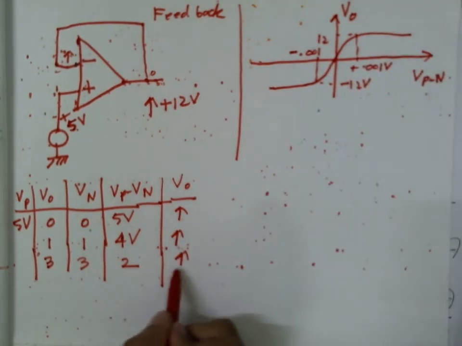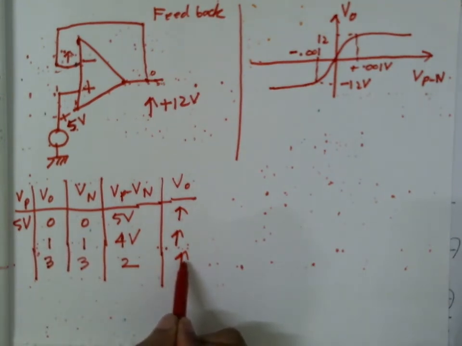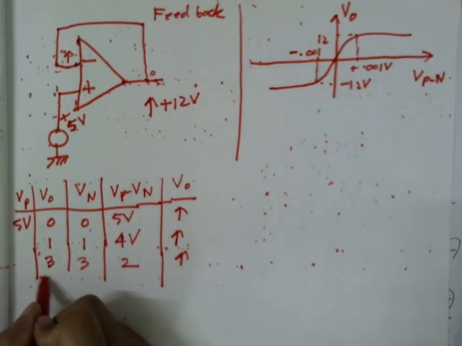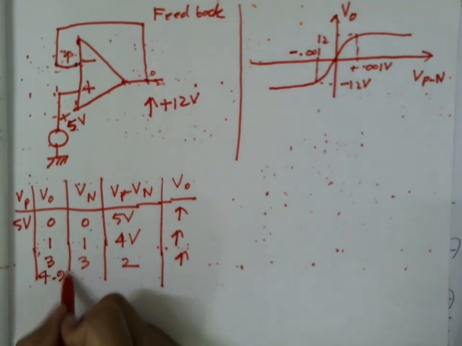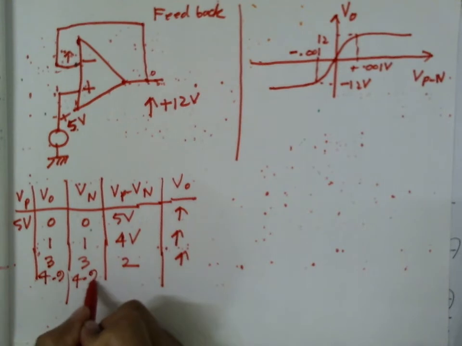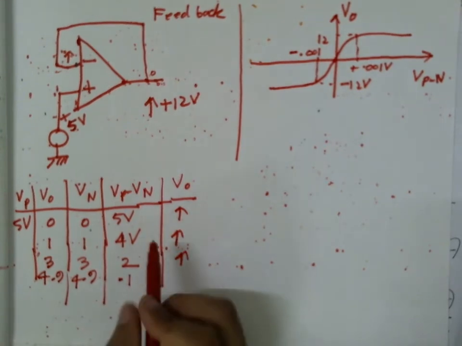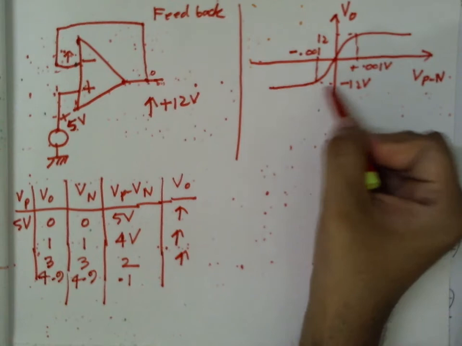Right now, in this case, if VO is 3 volt, I see that I have to increase VO further. So let me make a guess that VO is 4.9 volt. If VO is 4.9 volt, then VN is also equal to 4.9 volt. Then this difference between VP and VN is 0.1 volt, and we see that this 0.1 volt is higher than this 0.001 volt.